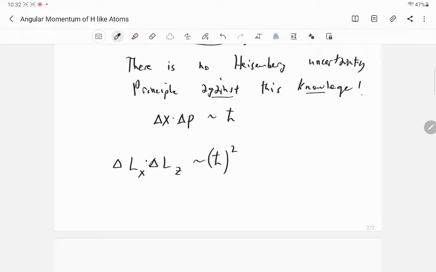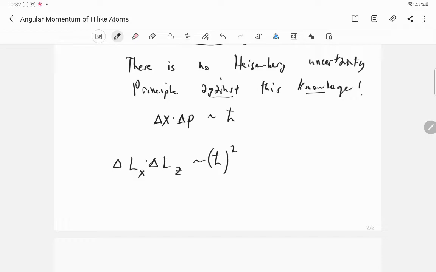So there's more to this than what I'm writing, but there is an uncertainty principle between the uncertainty in angular momentum in the x direction and the uncertainty of the angular momentum in the z direction.